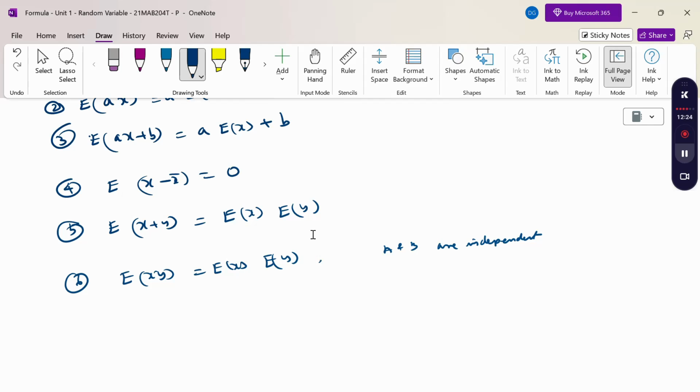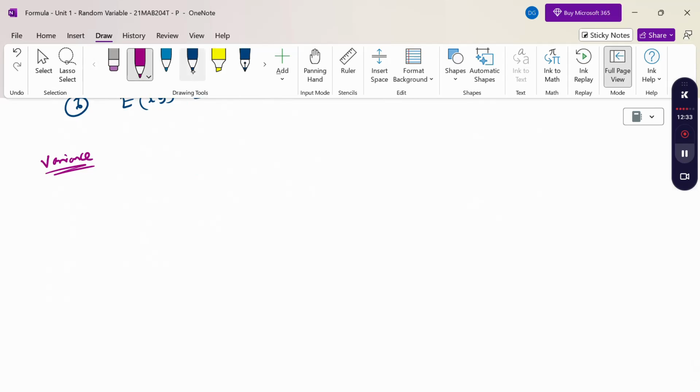And then the properties of variance. Here also a, b are constants and x, y variables. Therefore the variance of a constant is 0, and the variance of ax equals a square variance of x.